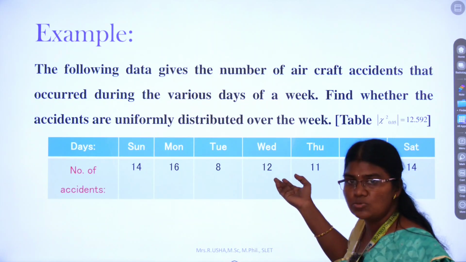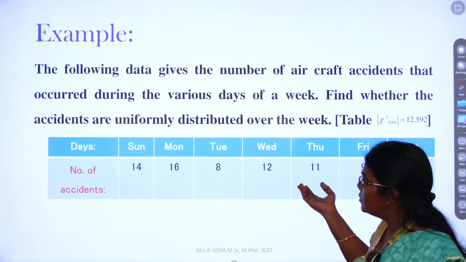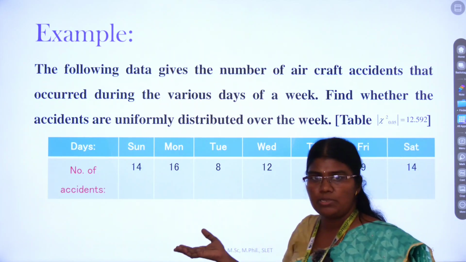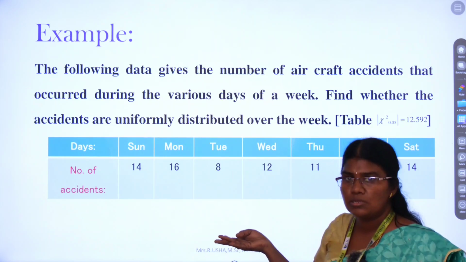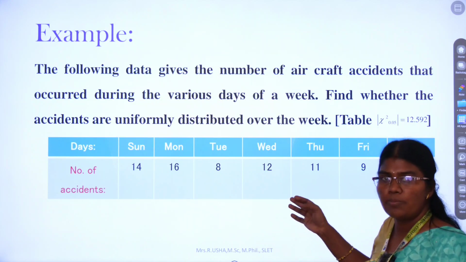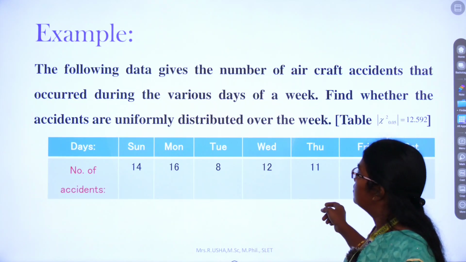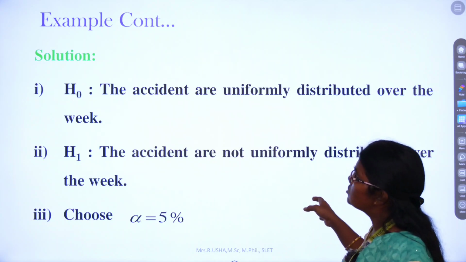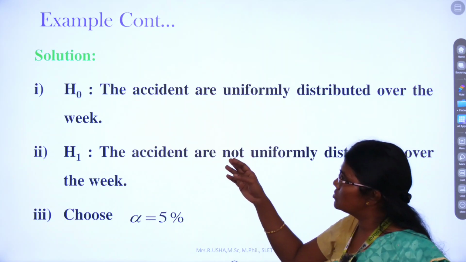Here in this problem we are not dealing with any population parameters, that is population size, mean, standard deviation, etc. These will not be given. That's why it is called a non-parametric test. By using goodness of fit, we are solving this.